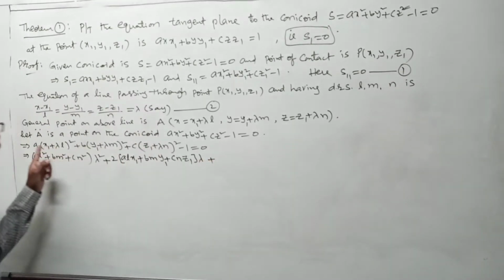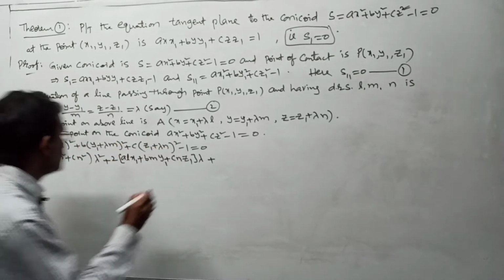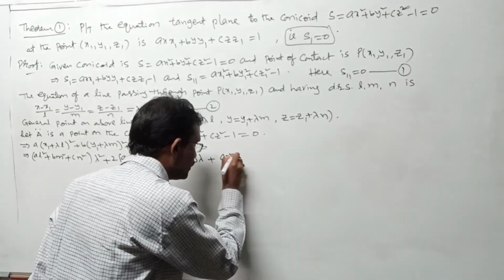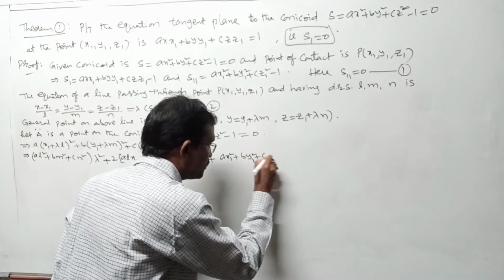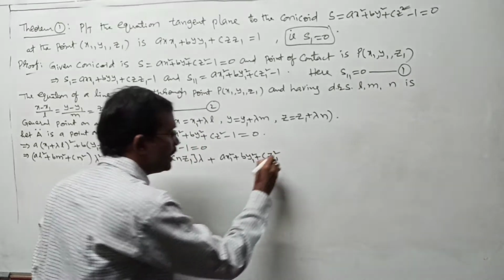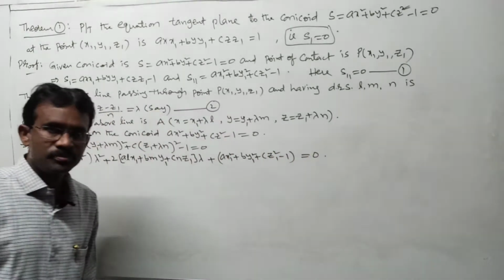Plus the free-from-λ coefficient: ax1² + by1² + cz1² − 1. This total thing is equal to 0.